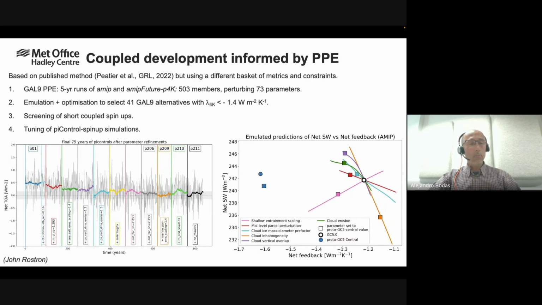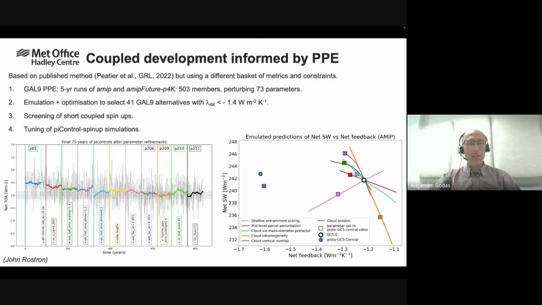And the bottom left picture is the evolution of the tuning of one of these, which is the one that ended up being selected as the final configuration, from the left, which is the outcome of the optimization process, to the right, which is the model that is closer to the energy balance, which is the one that we selected in the end.